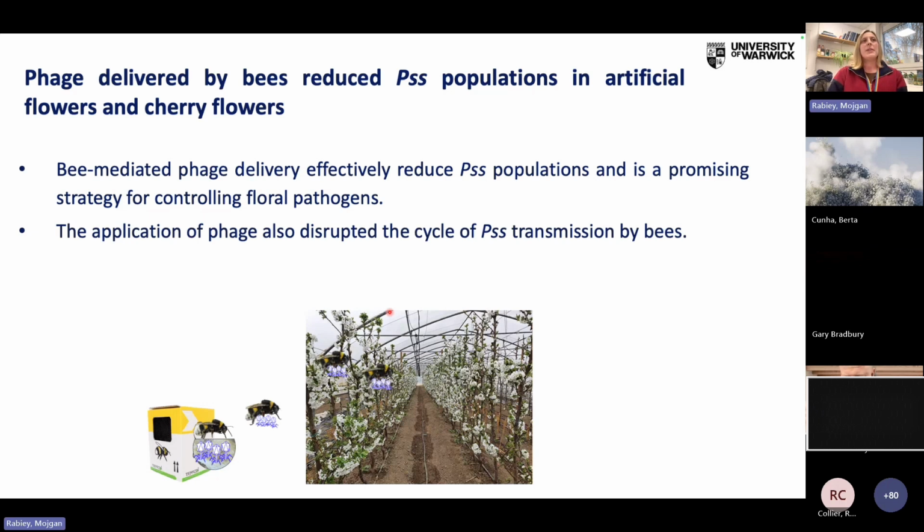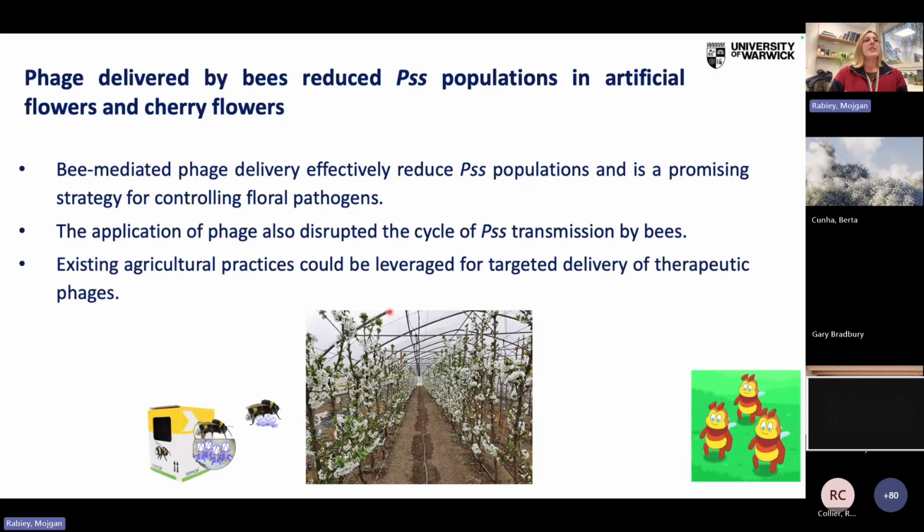What I didn't show was that bees can actually transmit PSS between flowers, but bees that have been treated with phage or crawl through the phage powder no longer transmit PSS, so it breaks that transmission cycle by the bees. And as Mojgan said, these bumblebee hives are used routinely anyway in cherry orchards, so it could be leveraged for targeted delivery of phages. So I'm just going to hand back now to Mojgan to finish the last little bit of the talk.